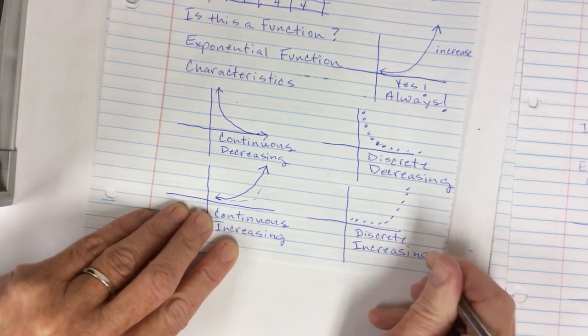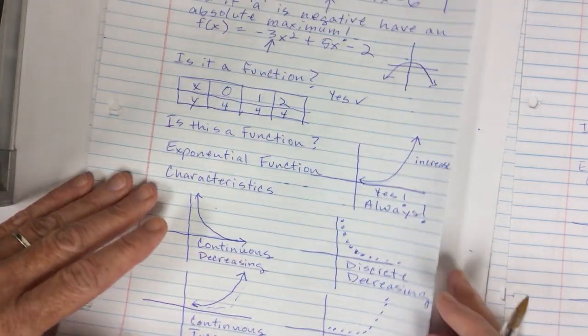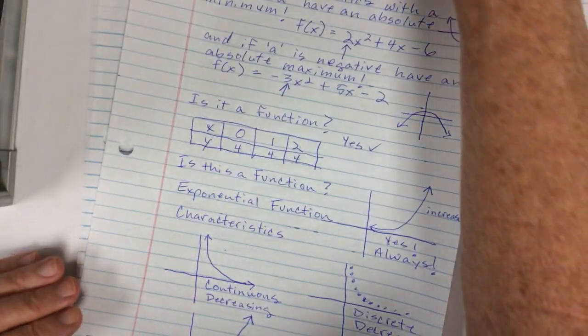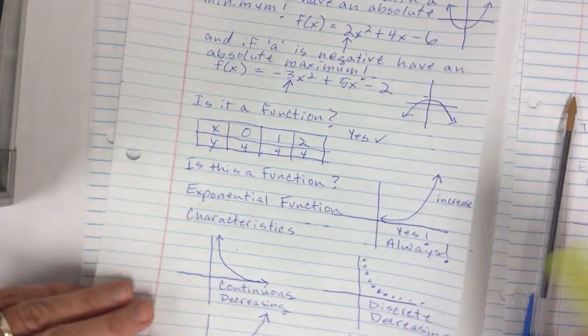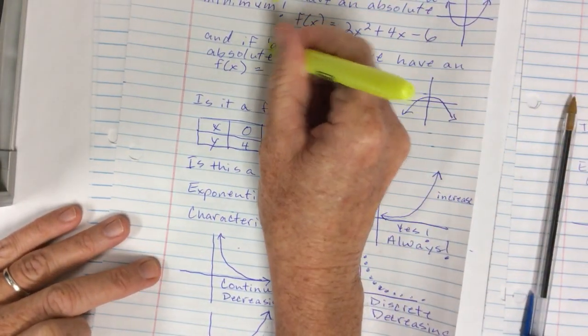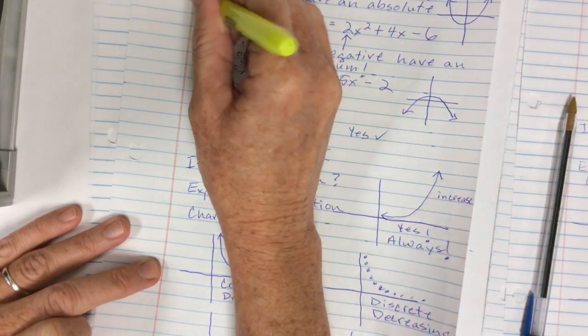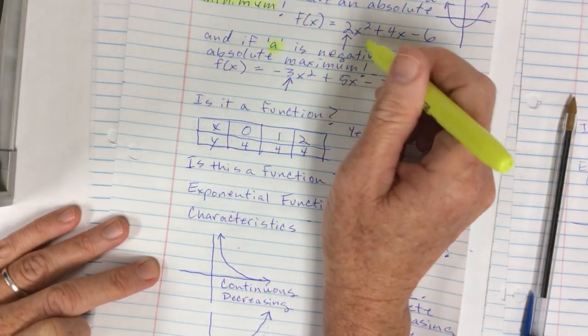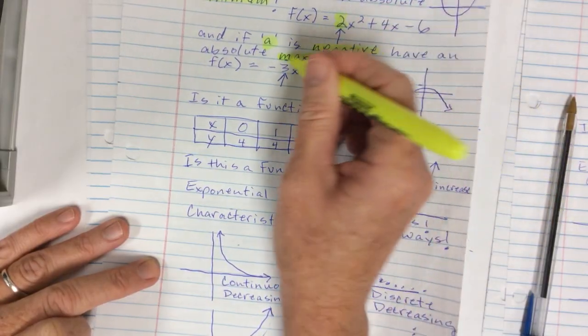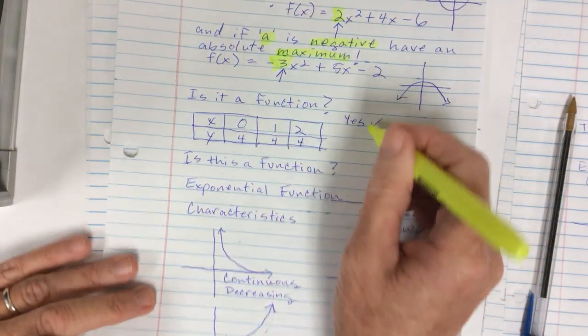So this is it. This is the new stuff that we haven't covered, plus some of the stuff we have covered, and it is going to be on the test. Positive A has a minimum. If A is negative, it has a maximum. Here's A. Is this a function?